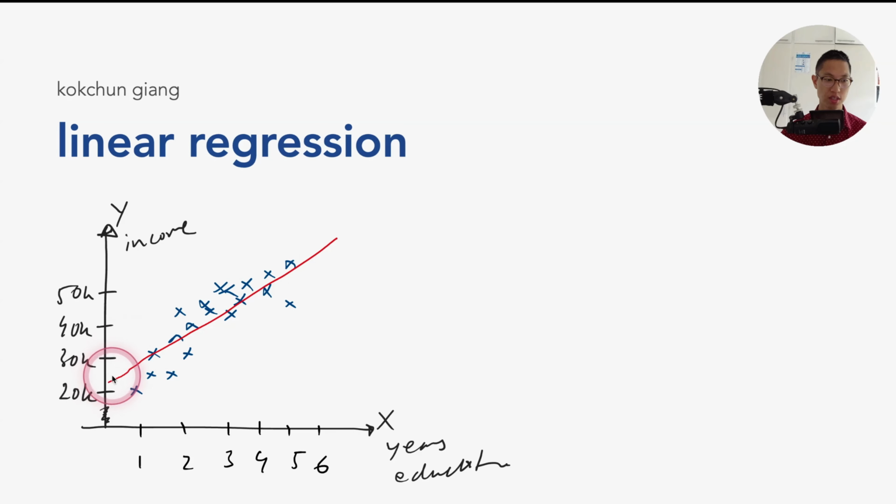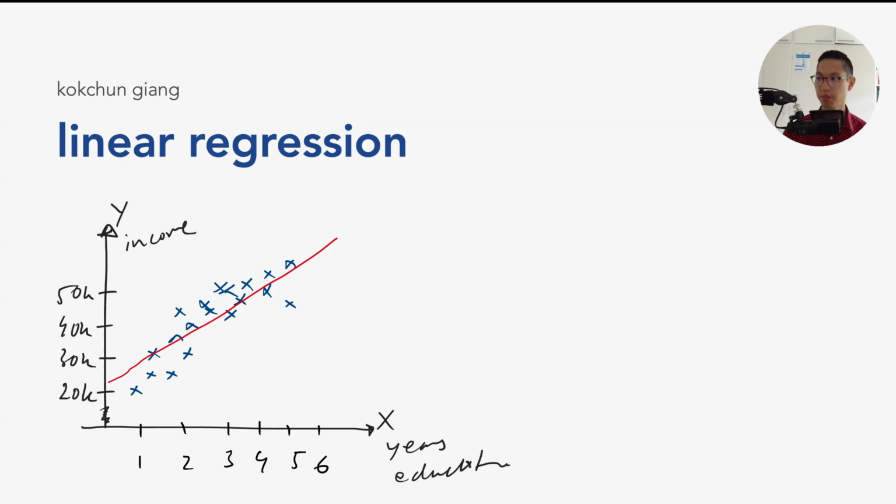And then you can use this line to predict, for example, you can say, oh, my prediction of someone with 6 years of education would be this much salary here. Which is, you take this and you trace it back and, okay, yeah, 60K, for example.